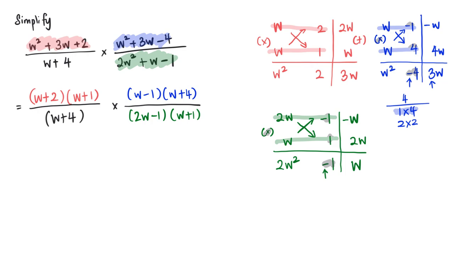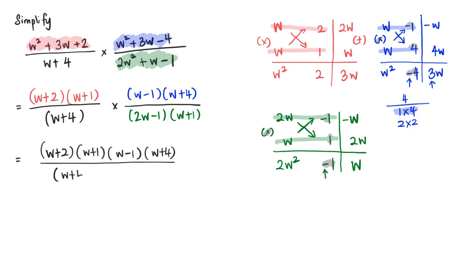And now then we can combine neatly into a single fraction. W plus 2, w plus 1, w minus 1, w plus 4. Below will be w plus 4, 2w minus 1, and w plus 1.